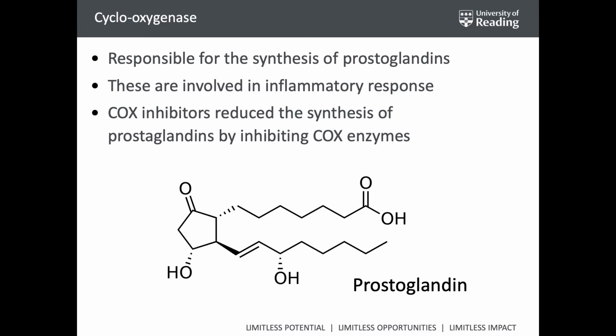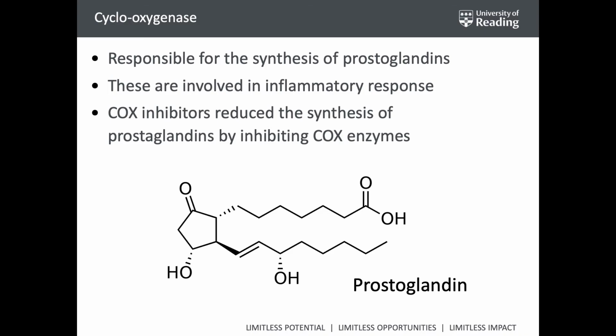The final example I'll talk through in terms of modulating human physiological activity is cyclooxygenase. Cyclooxygenase is an enzyme which is responsible for the synthesis of prostaglandins. These are a critical component of our inflammatory response. So when our body responds to an outside threat or to an internal shock by generating an inflammatory response, cyclooxygenase is part of the cascade of events that allows our body to react.